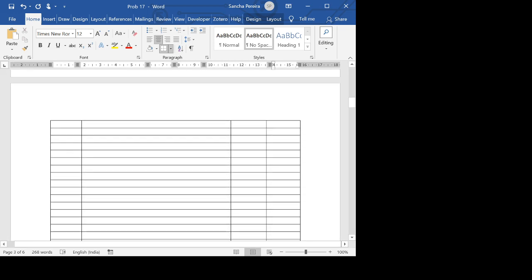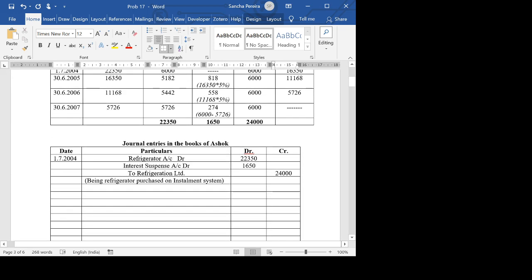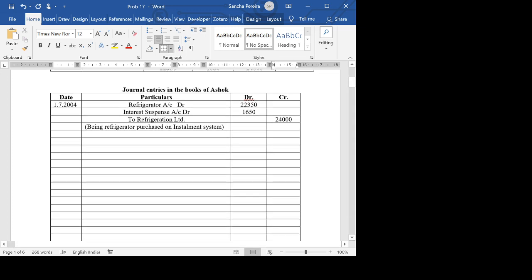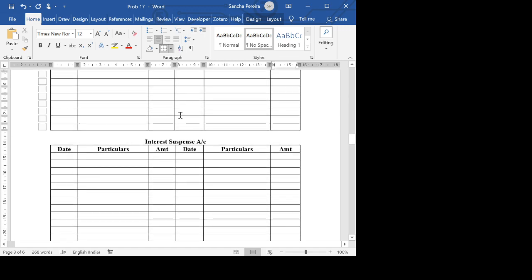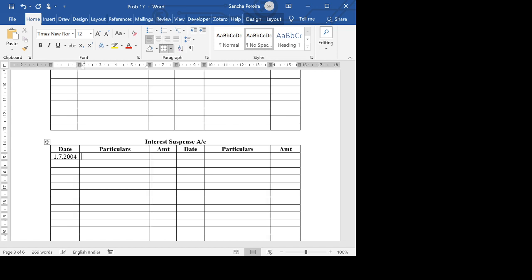Okay. Then we also have the second part of the entry, that's interest suspense account debit to refrigeration. So we need to go to our interest suspense account. Interest suspense account on the same date to Refrigeration Limited.